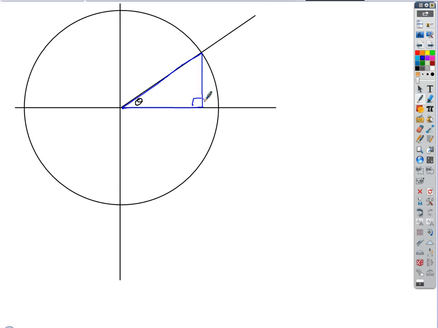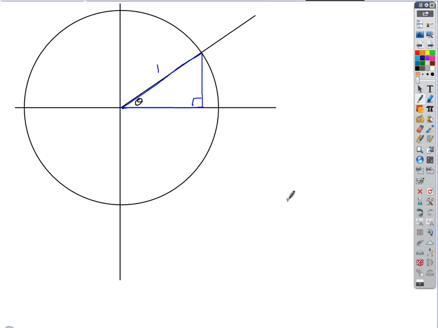Help me out. Okay, so this equals 1. Good. And what's the area of a triangle equal to? 1/2 base times height. Okay, good.